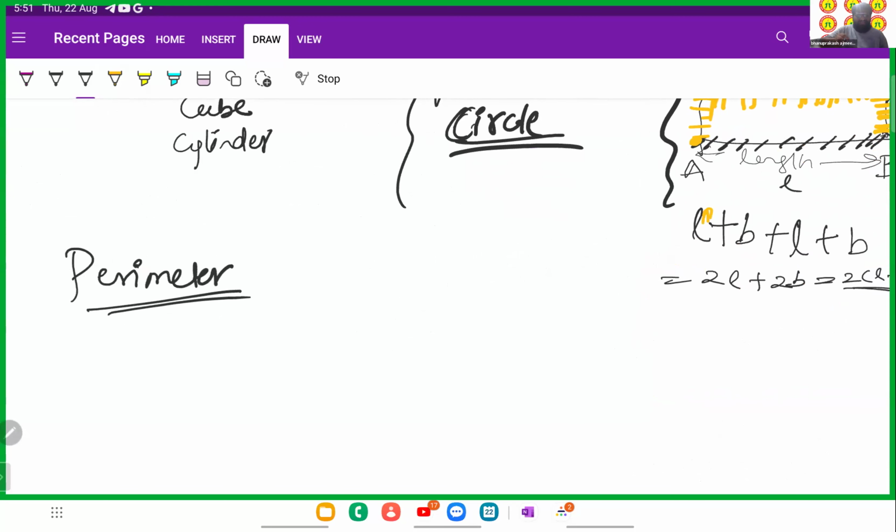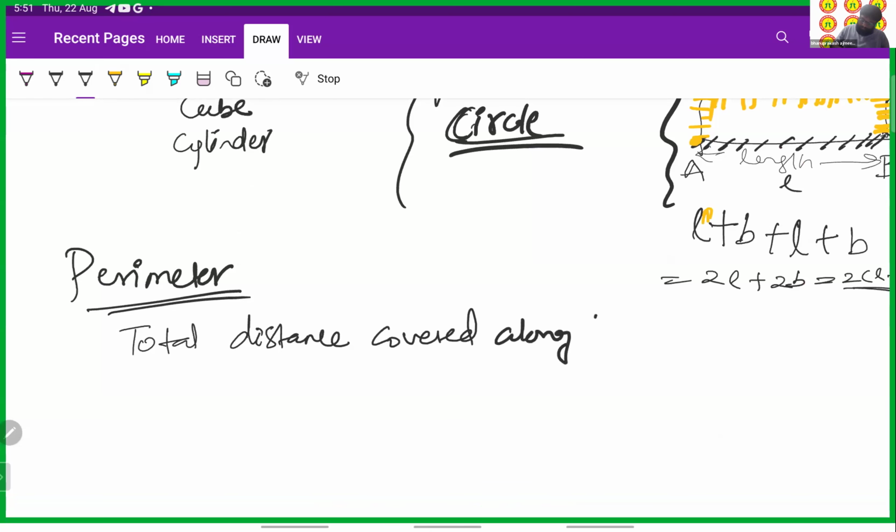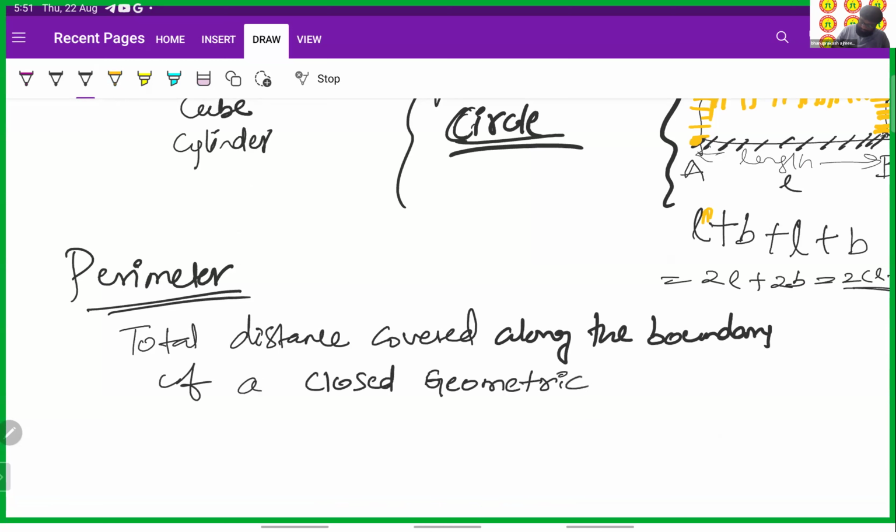Yes, total distance covered along the boundary of a closed geometrical surface.